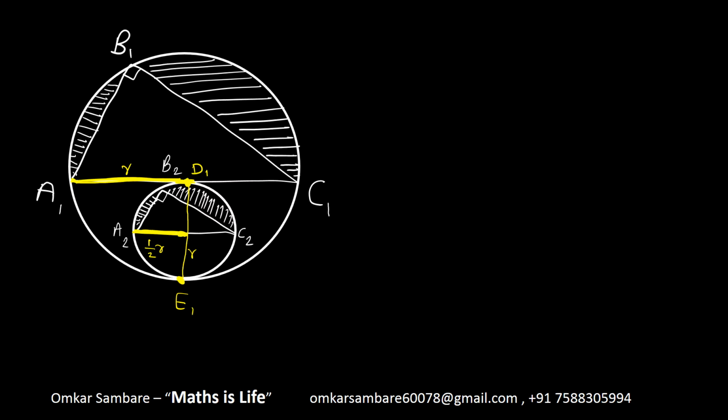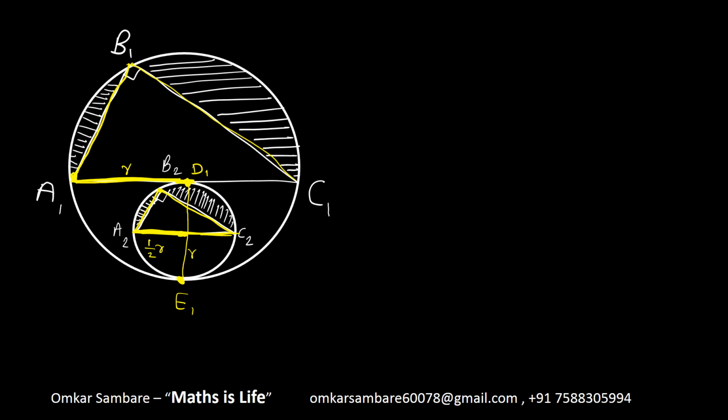So if this radius is getting halved, which means the diameter is getting halved, then this side A2C2 is half of A1C1. A1C1 is double A2C2, and it will apply here also, because they are in proportion, A1B1 will be double A2B2, which means A2B2 will be half of A1B1. In the same way, B2C2 will be half of B1C1.